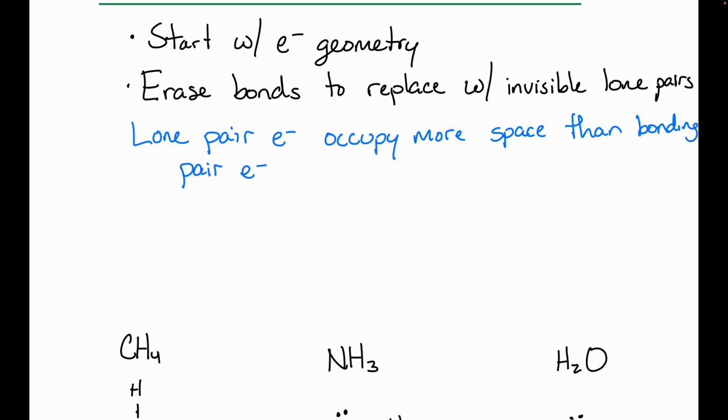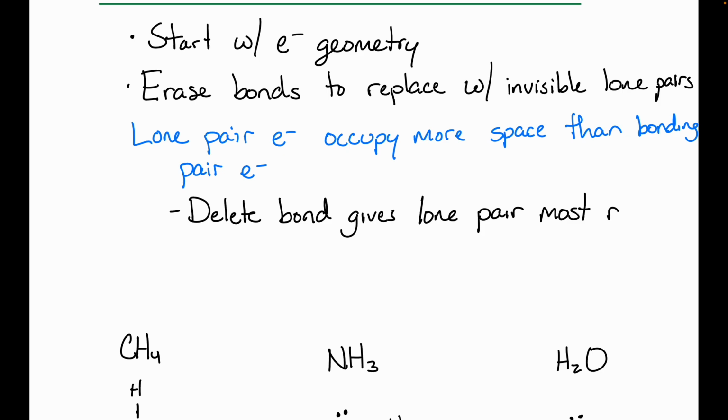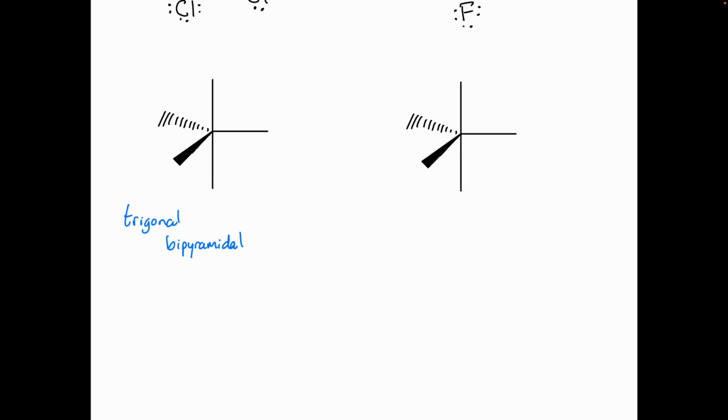All right, so we need to delete the bond that gives that lone pair the most room. Let's see if we can reason what that would be, just looking at our perspective drawing.